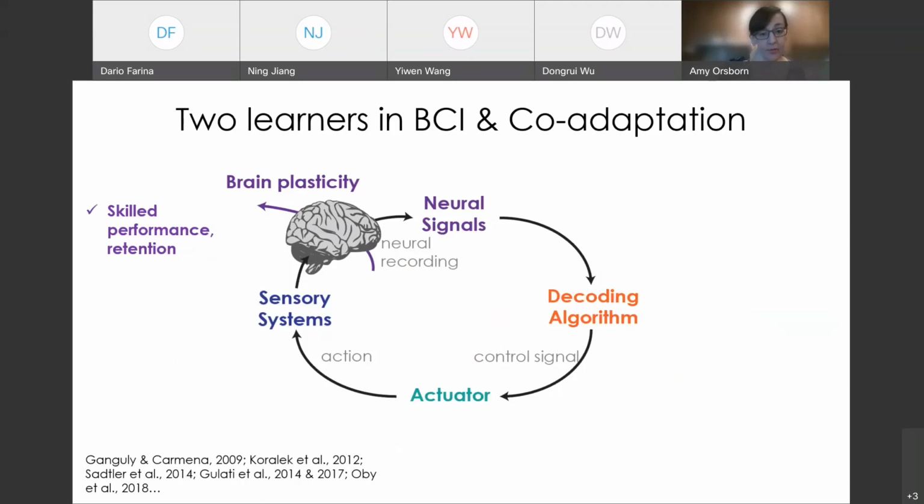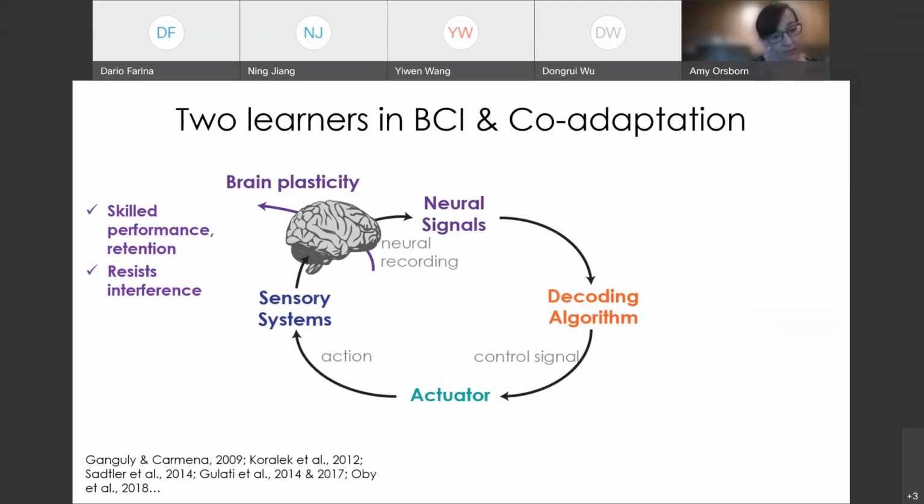So when you come back the next day, after a practice session, you're just as good as you were the previous day, and you can continue to build on that performance over time. That skill can also be resistant to interference. So for instance, you can learn to play tennis and badminton as well and switch back and forth between those two. Similarly, with skill learning, users can actually control multiple different kinds of BCIs and shift back and forth.